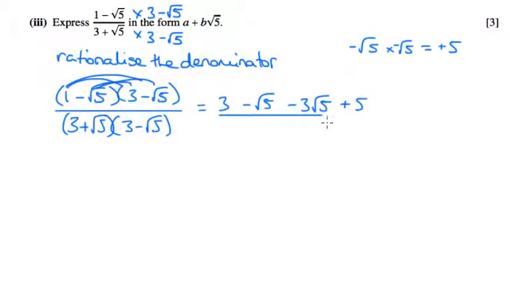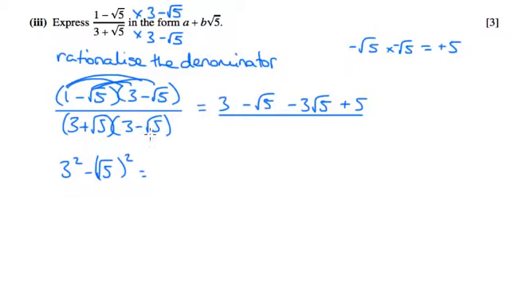On the bottom, you might notice that this is a difference of 2 squares. And when you have a difference of 2 squares, it's just the first term squared minus the second term squared. So that's 3 squared minus root 5 squared. That's always going to be what we have if we've got the same thing in both brackets but one's a plus and one's a minus.